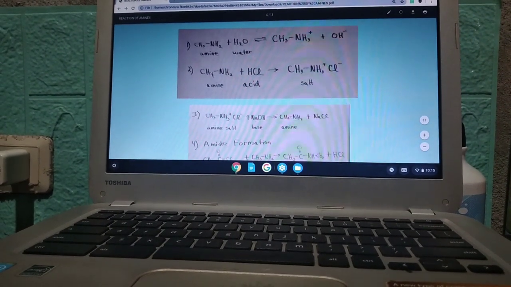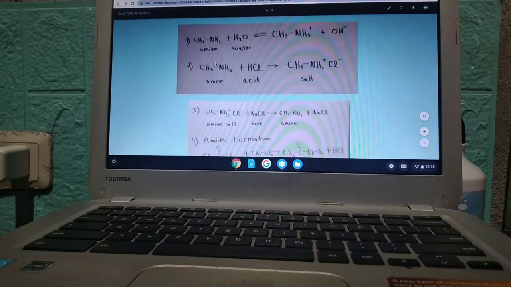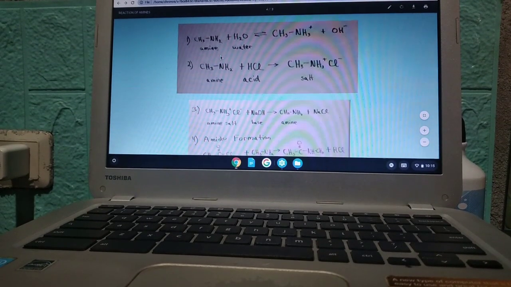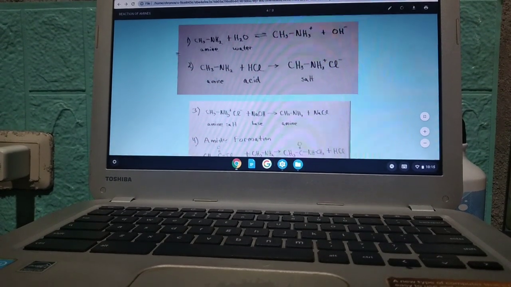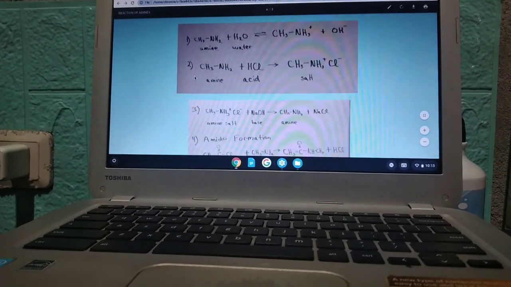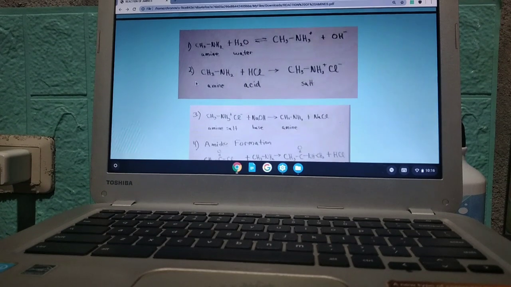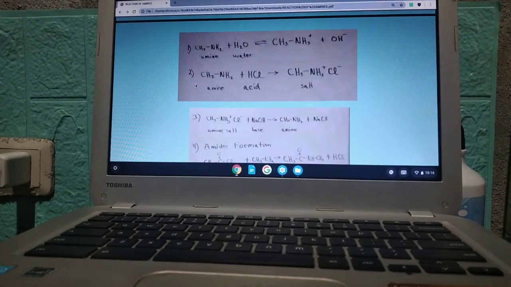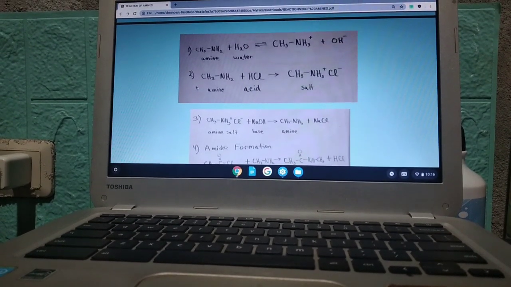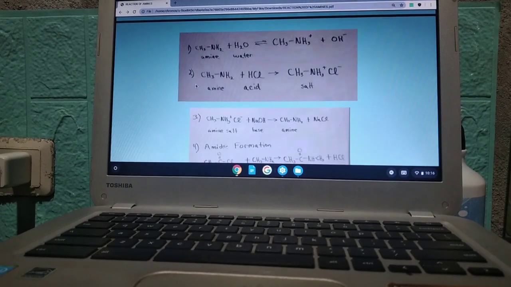The second reaction also takes advantage of the fact that amines are bases. If they react with water, surely they can react with an acid. So here we've got an amine plus hydrochloric acid.